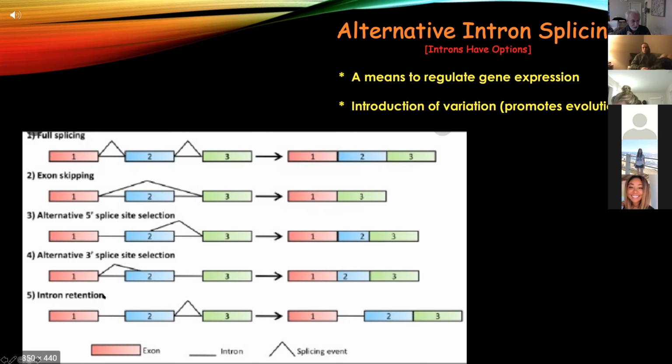And you can have intron retention, in which one intron is left in and becomes part of the gene that is translated. So you can see how by differential splicing of introns, you can get several different configurations of a gene.